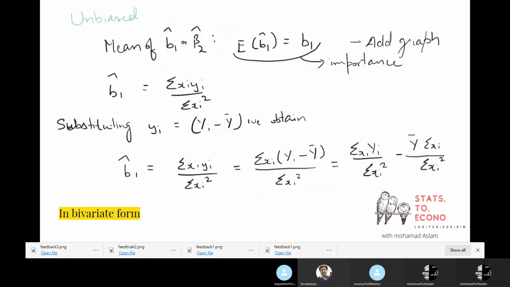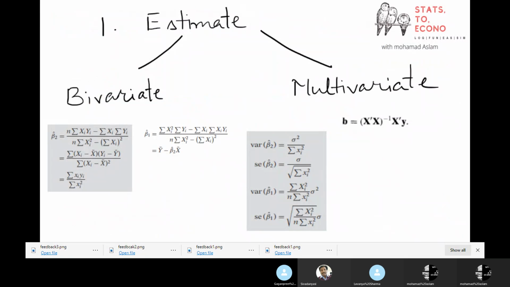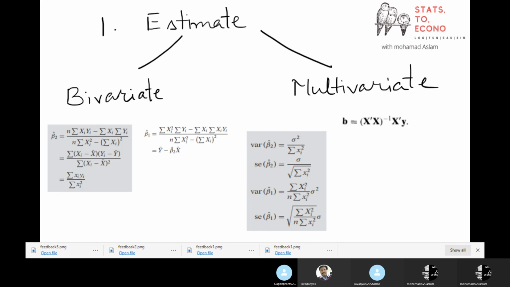Do any of you have any doubts so far on these derivations? Estimates and proof, this particular proof that sigma square is equal to the expected value of sigma u hat square. In the derivation part, we are only left with the minimum variance property.